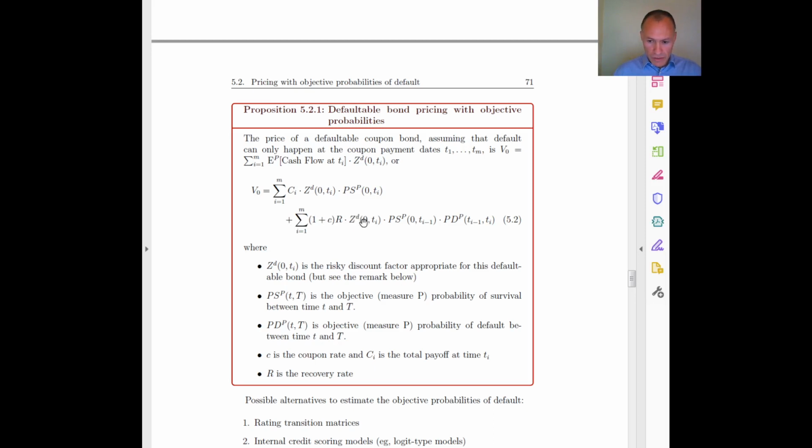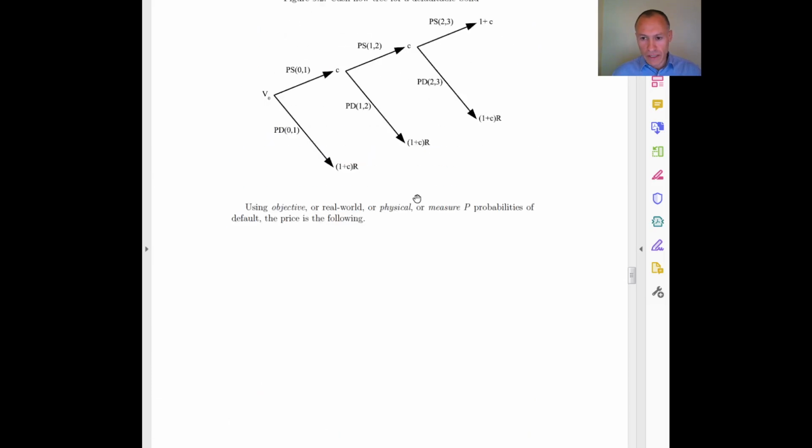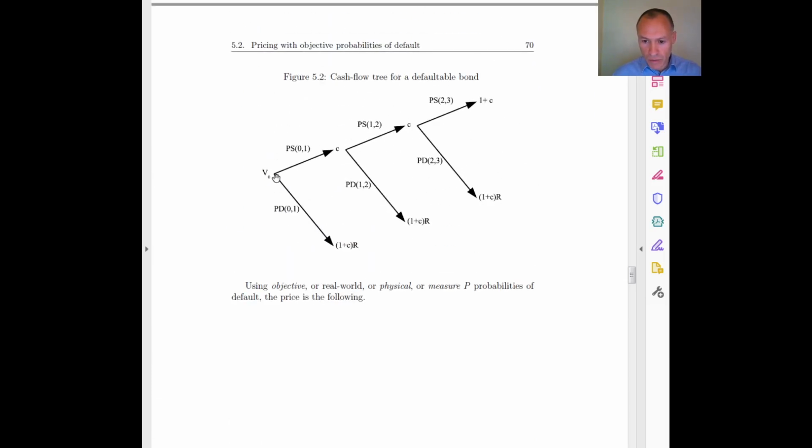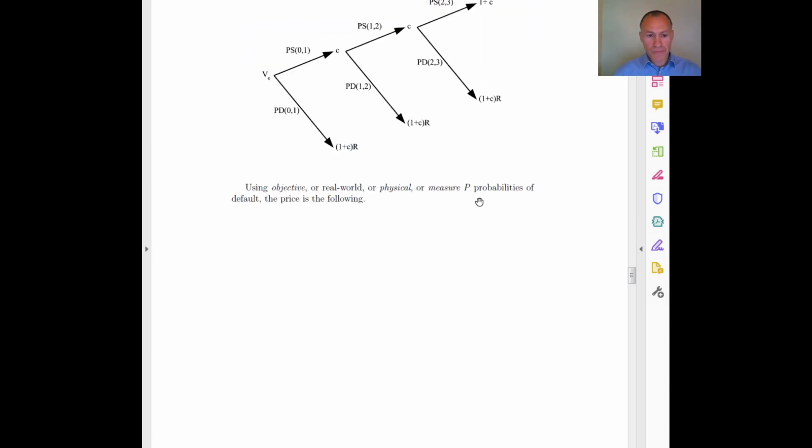This is the discount factor to bring this back to today. And these are the probabilities of getting to those default states. So this is the probability of surviving until the beginning of the period, and then this is the probability of defaulting in the last year. So for example, that last term would be the probability of surviving from 0 to 2 times the probability of defaulting between 2 and 3. Okay.